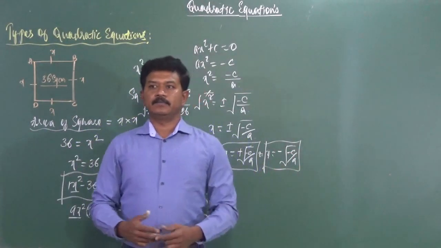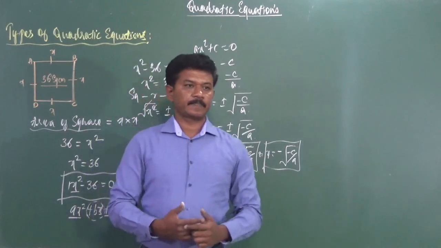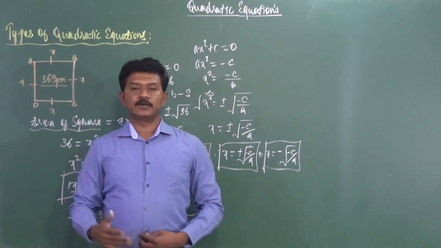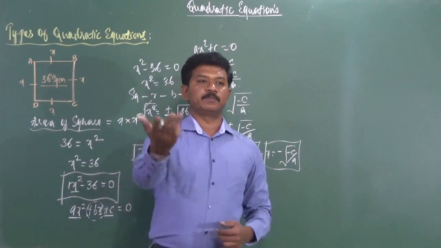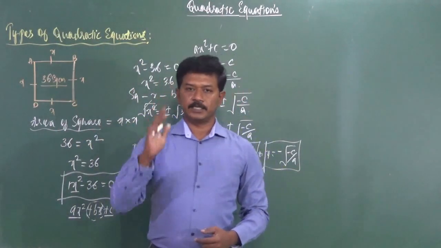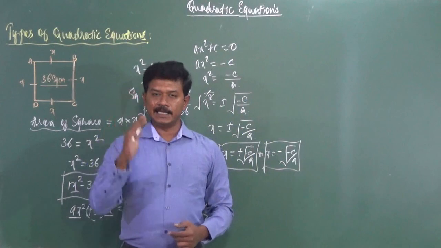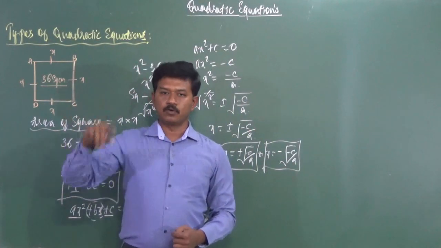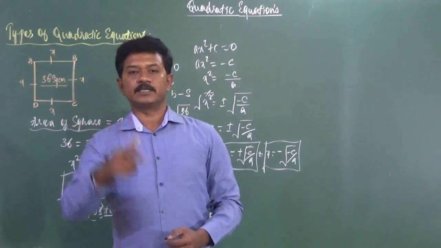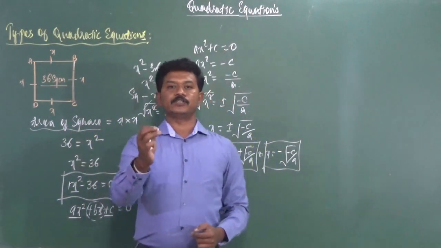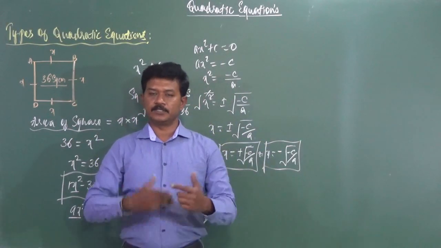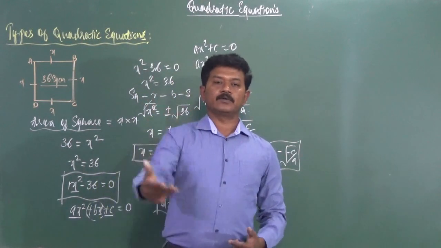A rectangular field has its length which is 1 more than twice its breadth, and if its area is 208 square centimeters, frame the quadratic equation. It's a very beautiful statement. We have to convert this into mathematics and reach quadratic equations, right?